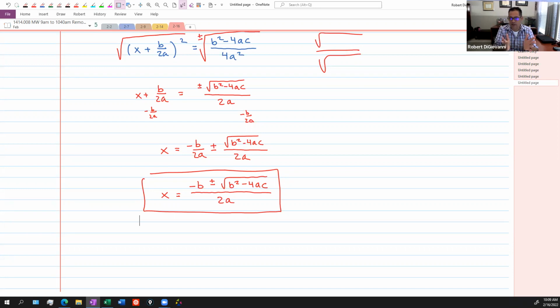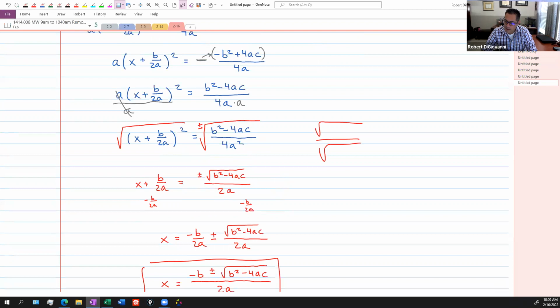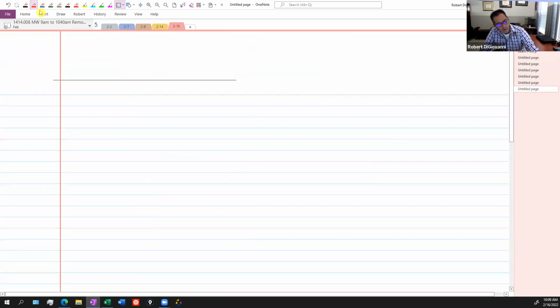There's two different things. All right, while we're talking about this, this is called a cubic equation. You'll see that that's different from a quadratic.